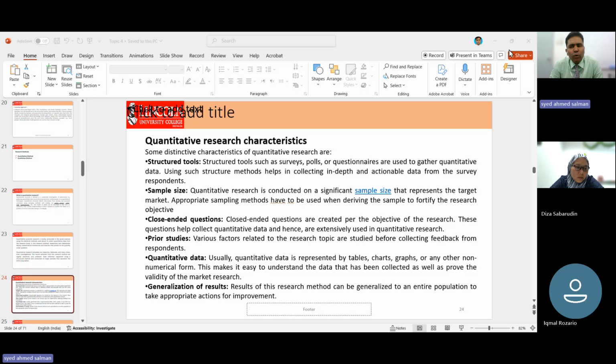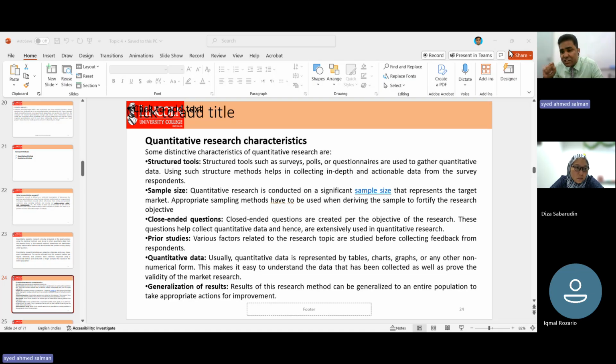If you understand these characteristics, then you will understand the entire quantitative method. One of the characteristics is structured tools. Structured tools such as surveys, polls, or questionnaires are used to gather quantitative data.